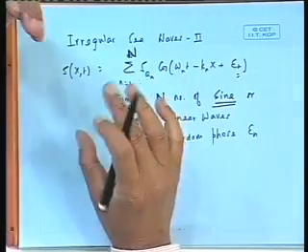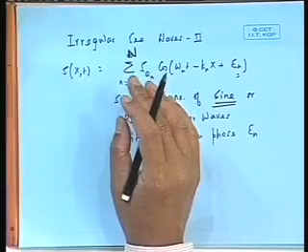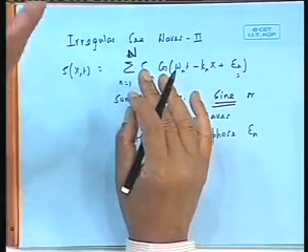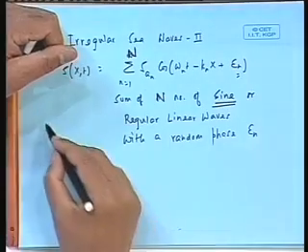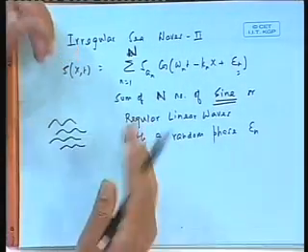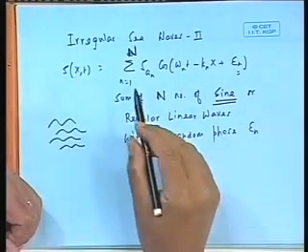In other words, phase we have no information on. You are adding n number of waves, one is sin omega 1t, sin omega 2t, sin omega 3t, but the phase means the starting point is different. One is starting from here, another may be starting from here, another from here, and so on. That is what decides the phase. So we can get a random signal by synthesizing that.